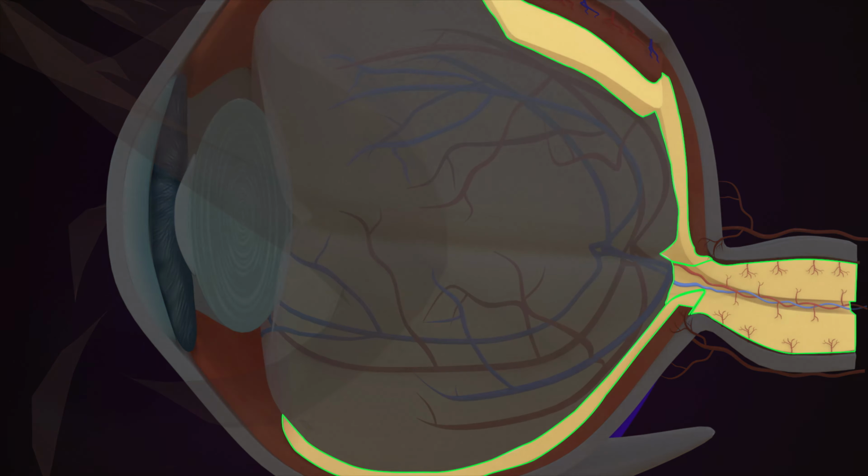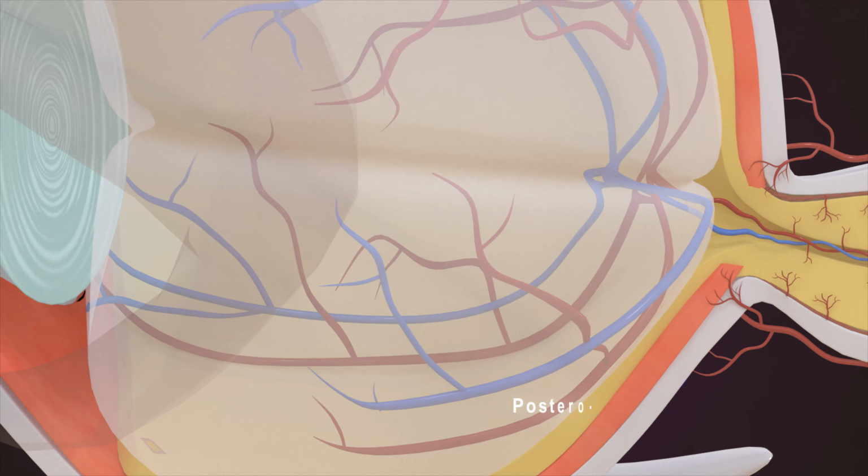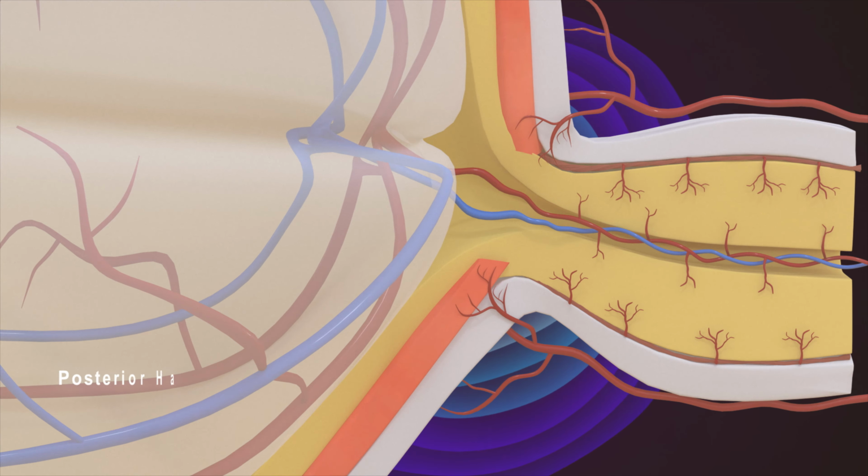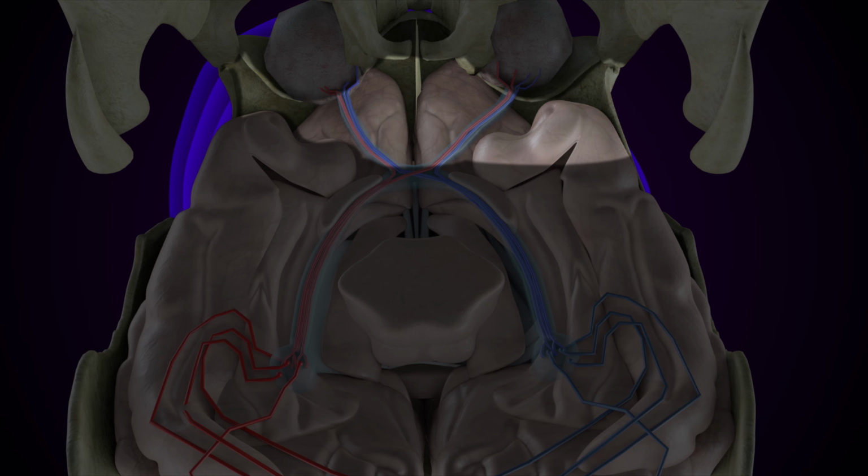These fibers unite to form the optic nerve, which passes posteromedially through the posterior half of the orbit and enters the middle cranial fossa through the optic canal.